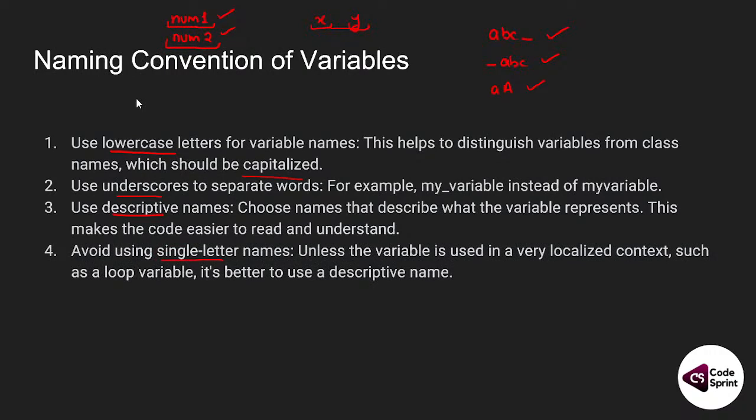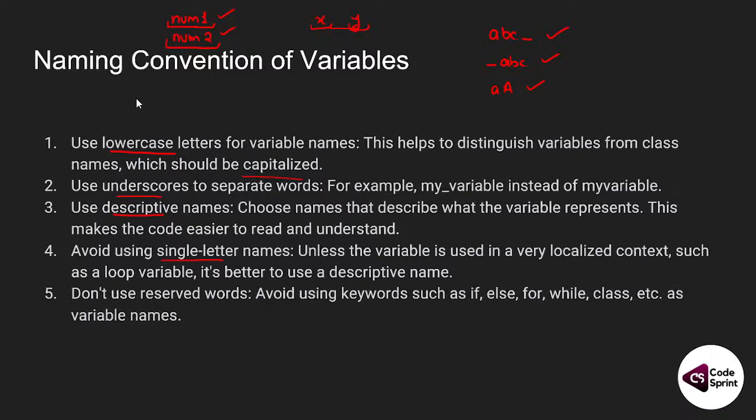If you have short code of 10 or 15 lines, then you can use any variable names, but if you are working on a project, you should avoid single letter names. And don't use reserved words like if, else, for, while, class, because they have a predefined meaning, and the interpreter will give an error.